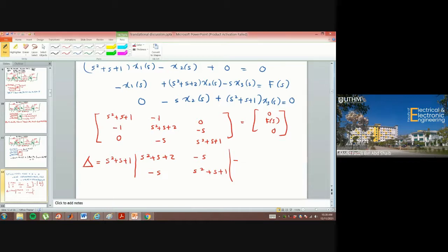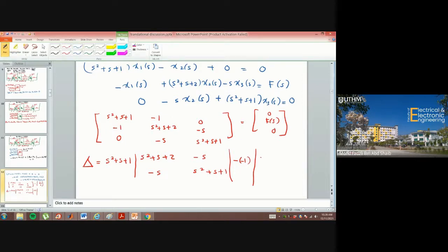Then this one, s square plus s plus 1, we copy this one. Then you want to find the middle. We multiply with minus 1, right? Minus 1. Then we copy. If it's minus 1, we copy the side. Minus 1, 0.